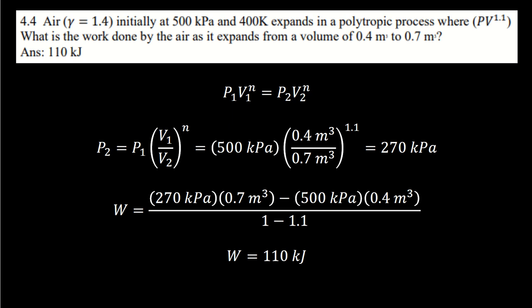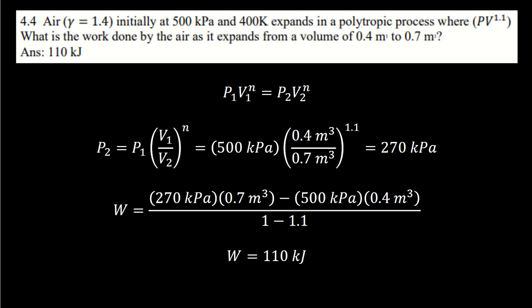Well, under this scenario, this is similar to our isentropic process. The isentropic process was just a specific case of this type of general polytropic process. The only difference is when we're solving for P2, our n index is not 1.4. That was only valid under isentropic conditions.